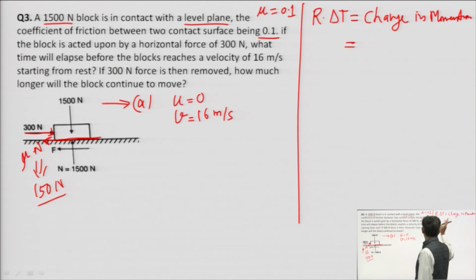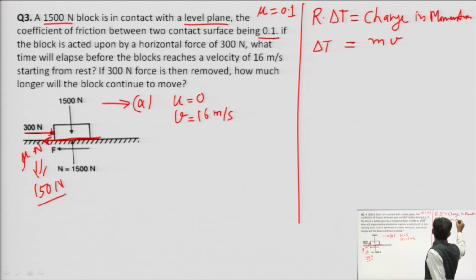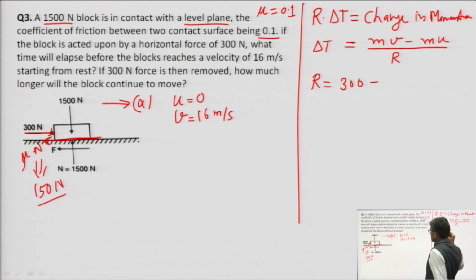We have the change in momentum, so the value of delta t can be calculated very easily. Delta t is equal to m into v minus m into u divided by R. Here R is 300 minus mu into N, which means 150.